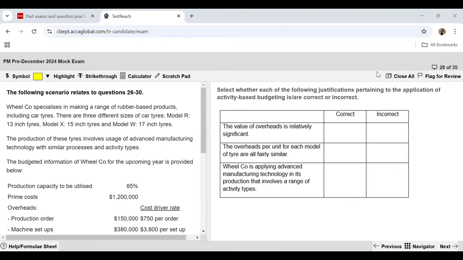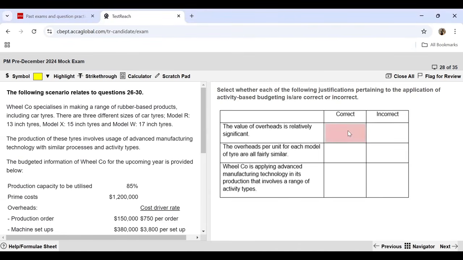So if my overheads are of a very small proportion, it would not make much sense for me to be using activity-based budgeting. However, if a lot of my expenses happen to be overheads, then it is obviously going to be of a very big benefit if you use activity-based budgeting, because it divides the overheads on the basis of how much cost has been driven by which cost driver. So this statement is absolutely correct.